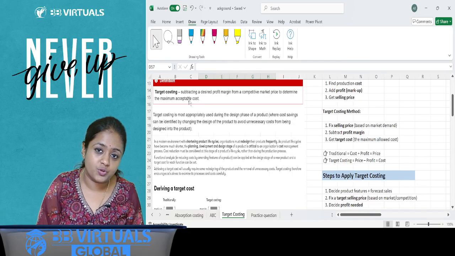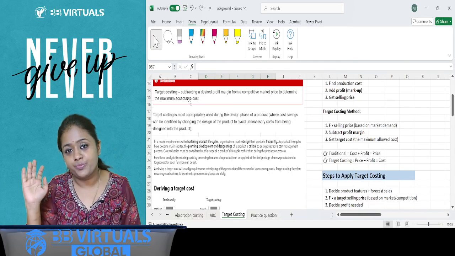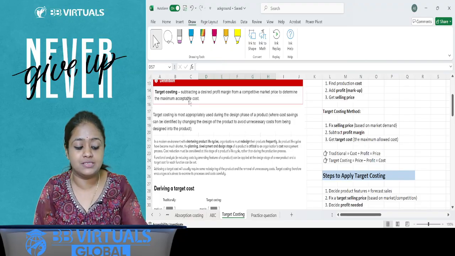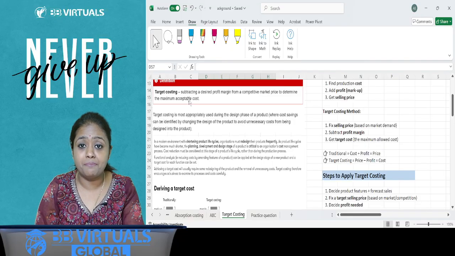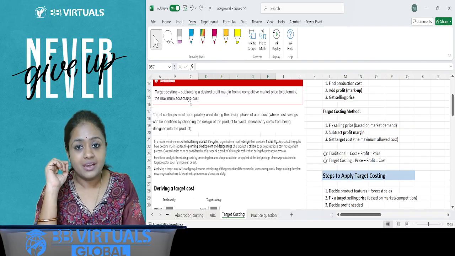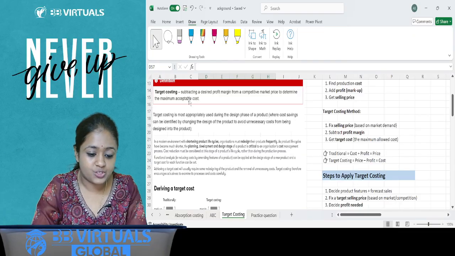Beyond which, if you want to go for your costing, you can go, but then that will have an effect on the margin. You will have to sacrifice the margins that you are making as an organization. Clear? Absolutely. Let's go further.